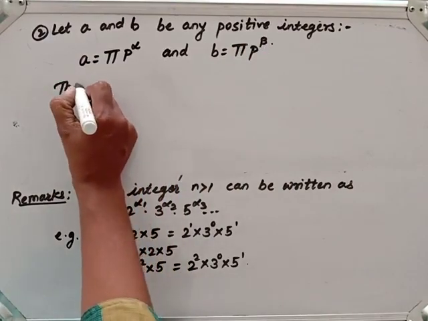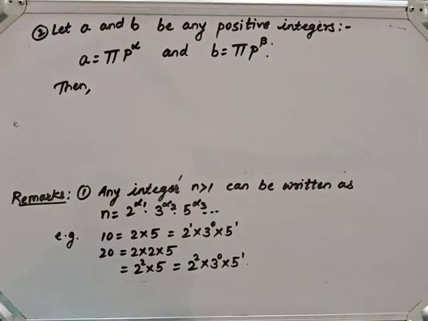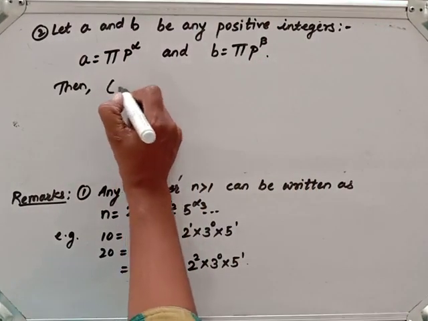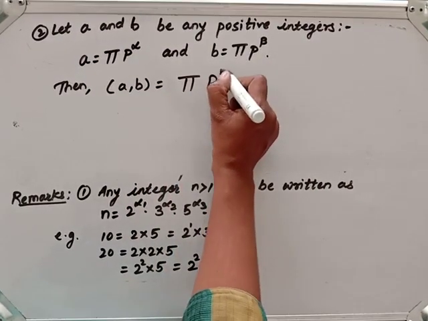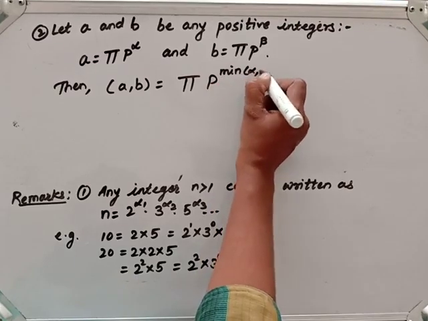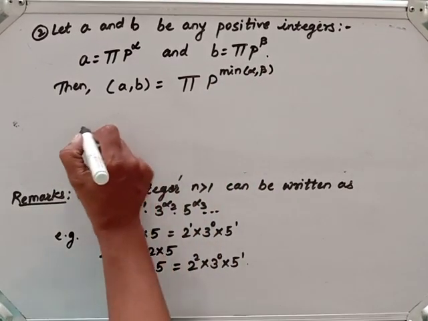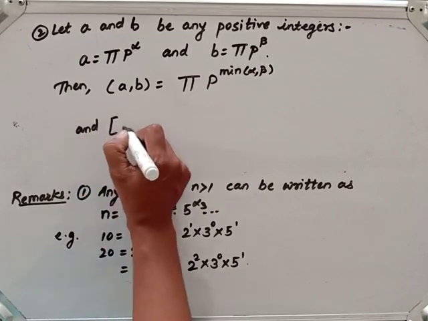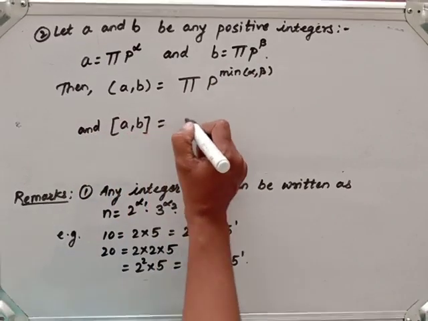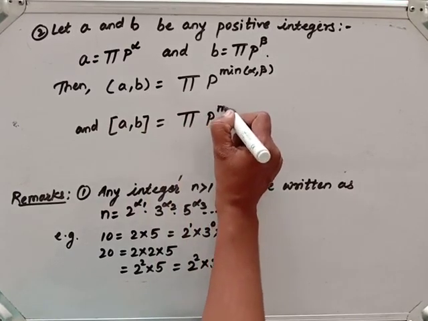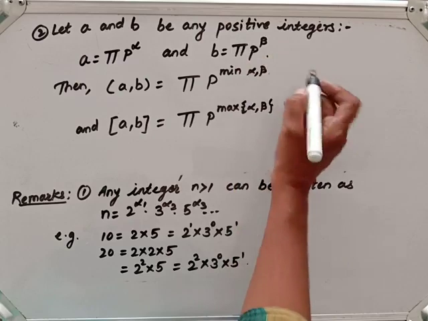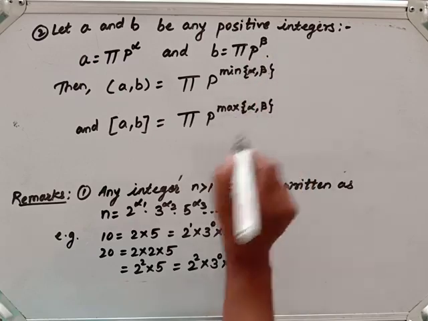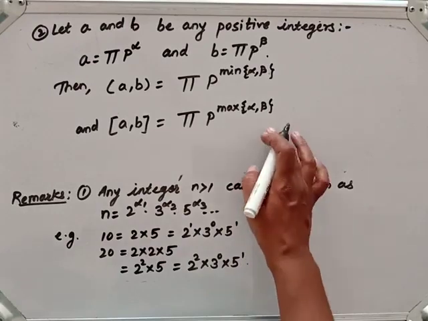Then the important thing is that the GCD of A and B is the product of p raised to the minimum of alpha and beta, and the LCM of A and B is the product of p raised to the maximum of alpha and beta. Maximum among them and minimum among them, those things we have to take here and we have to take their product.